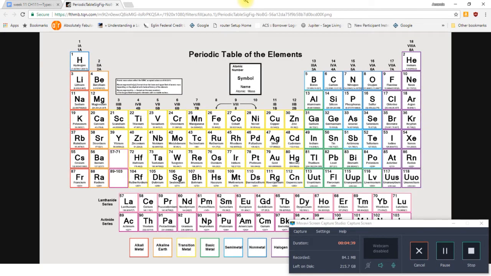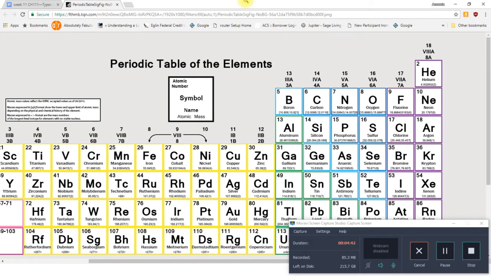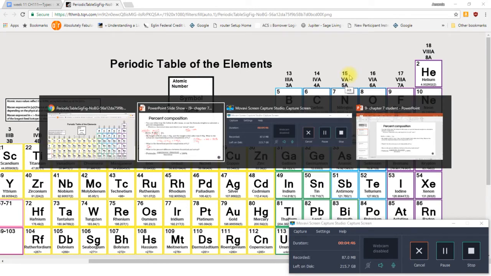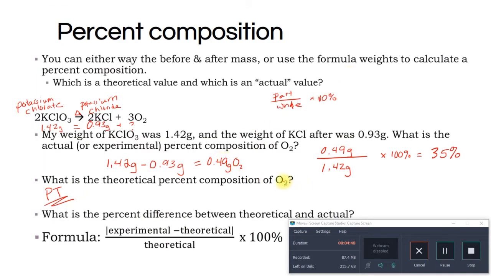Oxygen has a weight of about 16.00. The unit on the periodic table is actually something we're going to learn about very soon, called grams per mole, or you can think of it as 16.00 AMUs. Either way is fine. There are 2 oxygen atoms, so 16 AMU is what one of them weighs.